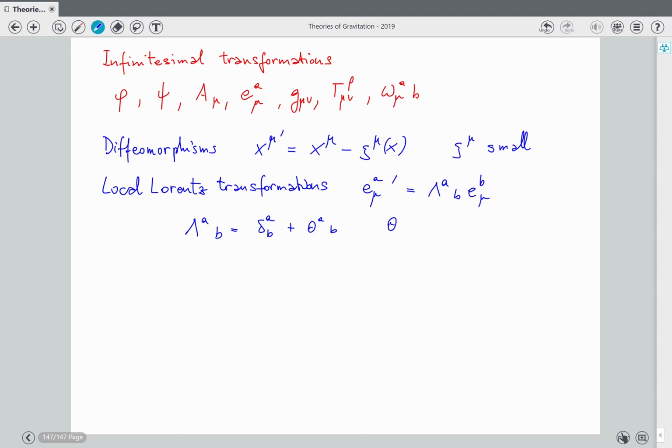And once you lower or raise both indices, those parameters will be antisymmetric. So E prime is equal to E plus this thing. And we again consider theta small in some sense.